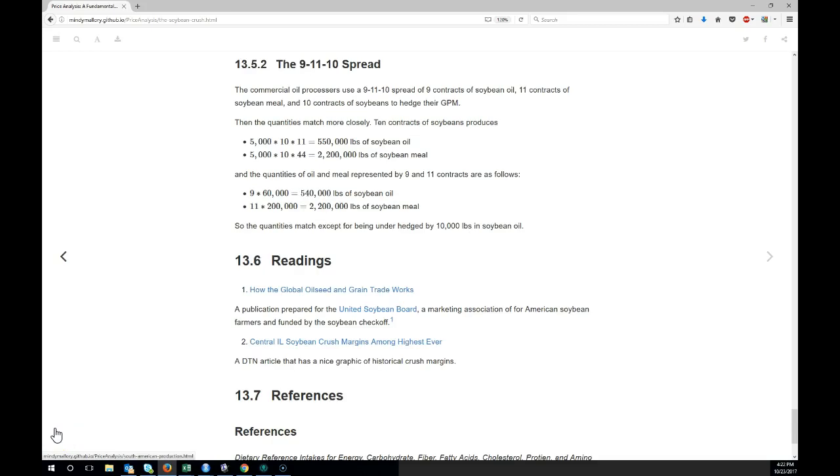So clearly that's not good, to be under and overhedged in the output markets. But there is a trade-off to being more precise in that you have to use a higher number of contracts.